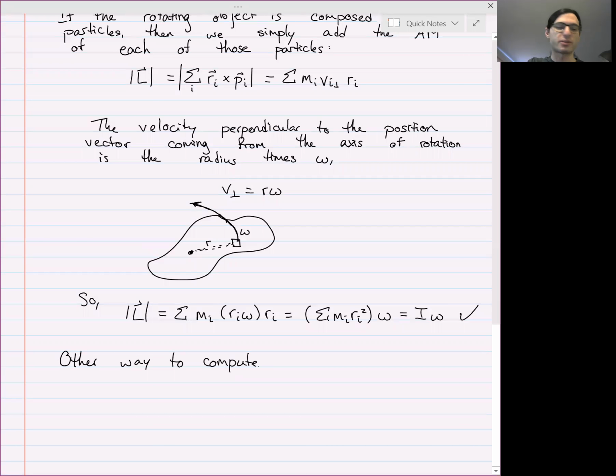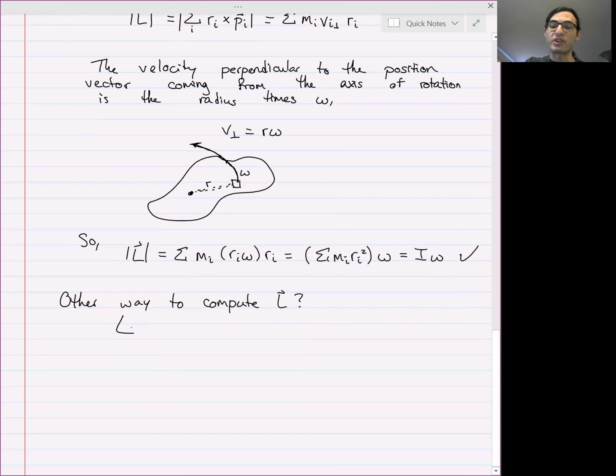So anytime you have a cross product, there are multiple ways to compute it. So we can use the same moment arm trick. Remember when we were doing statics on Monday, the same moment arm trick as for torque. So we extend one of the vectors, we find the perpendicular distance, and so on.